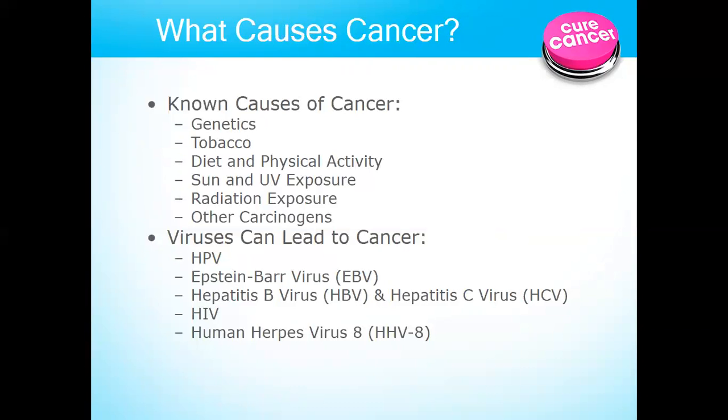There are viruses that can also lead to cancer. The most publicized one at this time is HPV. But there's also the Epstein-Barr, hepatitis B and C, HIV, and human herpes viruses, which can also lead to cancer.